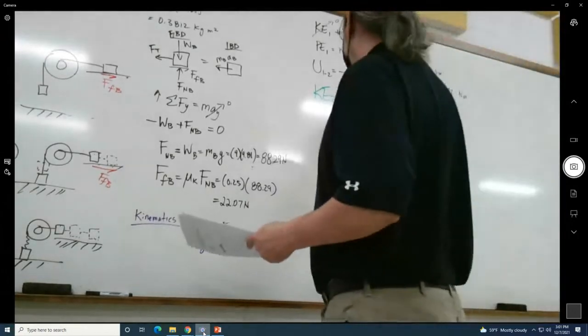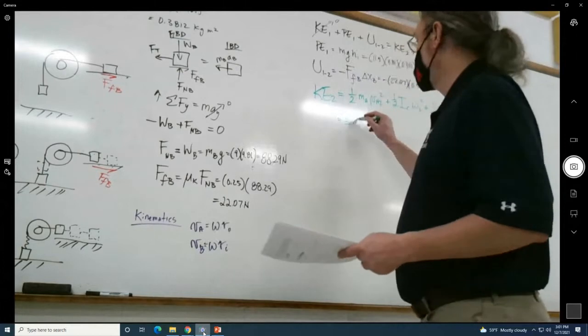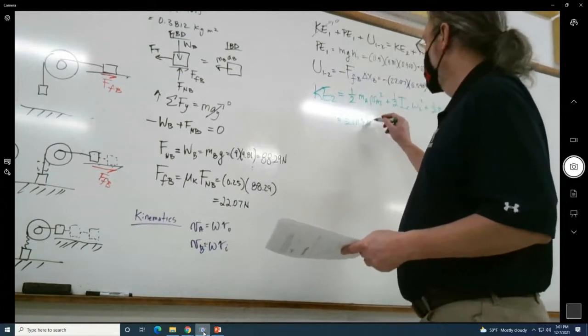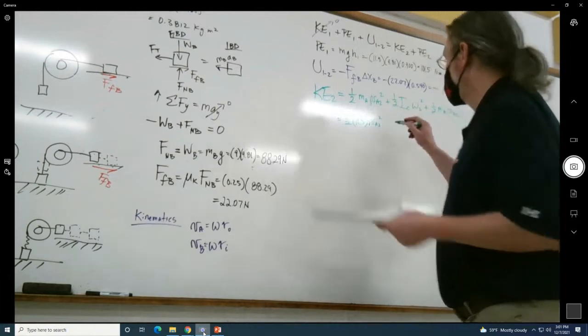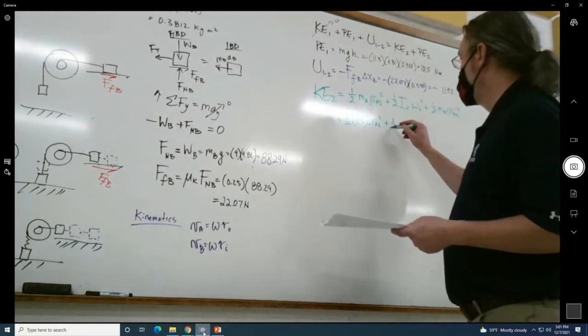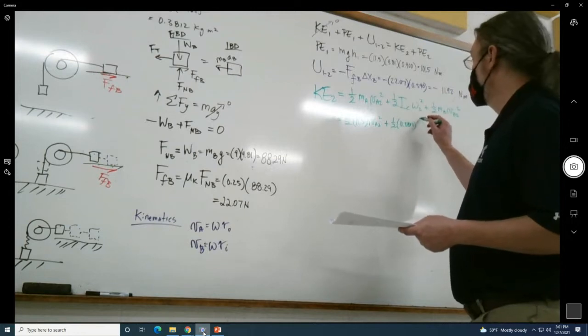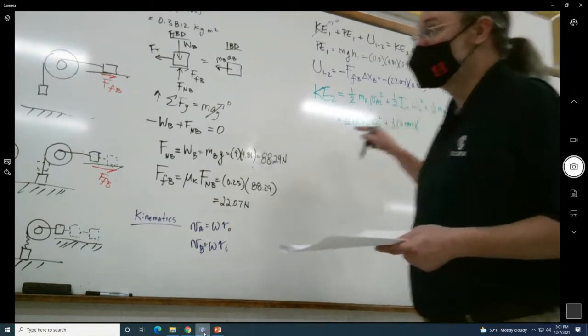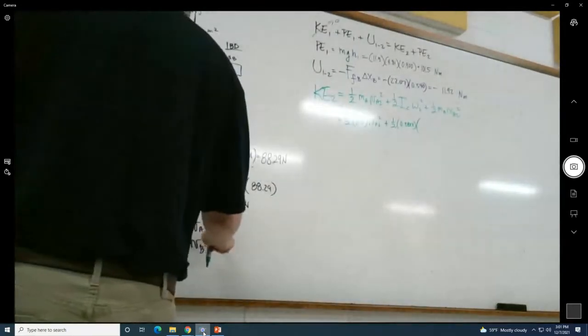So here we go, 1/2 of 11.5. I'm going to stick with VA just because that's what I have on my page. Plus 1/2 of 0.3812, and then for omega 2, I can put it right here.